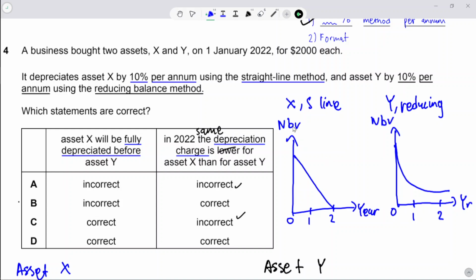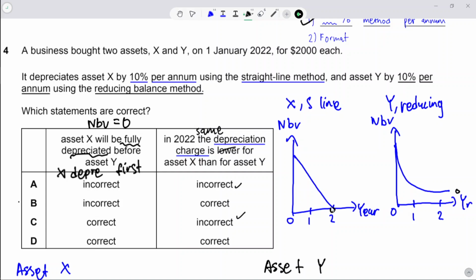So you say you want us to see fully depreciated, which means the net book value equals 0. So for this one, you can see X depreciates first, right?